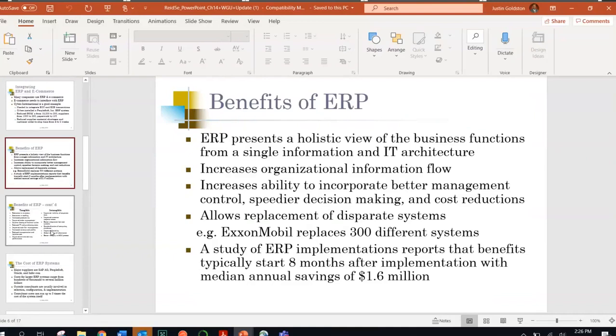I've had a $100 million organization implement an ERP system in 6 months. I implemented an ERP system at Intel in a year and a half. So you have a number of different complexities that have to be considered whenever you're implementing these types of systems. They're large investments. Most systems are a minimum of a $1 million investment.